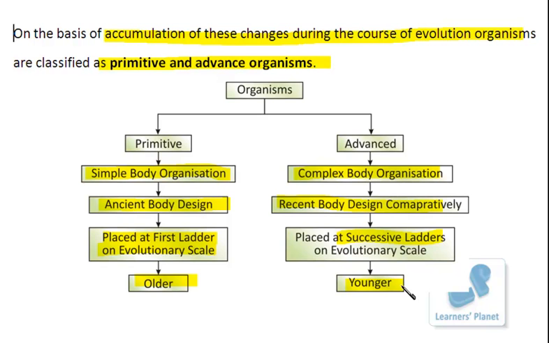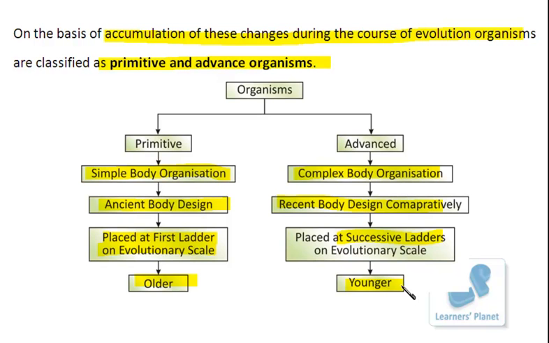Let us say, for example, there are two organisms: a prokaryotic organism and a unicellular eukaryotic organism. What do you think? Which has more complex characteristic features? Definitely the prokaryotic cell must be simpler as compared to the eukaryotic organism. So out of these two, the prokaryotic must be a primitive organism, whereas the eukaryotic organism must be an advanced organism.